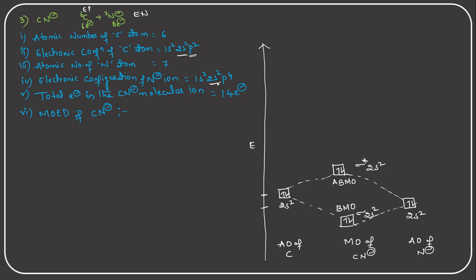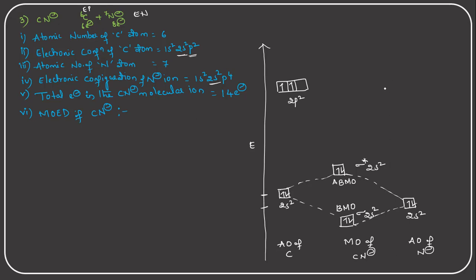Now the p orbitals of the carbon atom are merging with the p orbitals of the nitrogen minus ion. So how will they merge together, let us see now. These are the three atomic orbitals of carbon, which has a 2p2 electronic configuration. That means one electron in one orbital, and one electron in the second orbital.